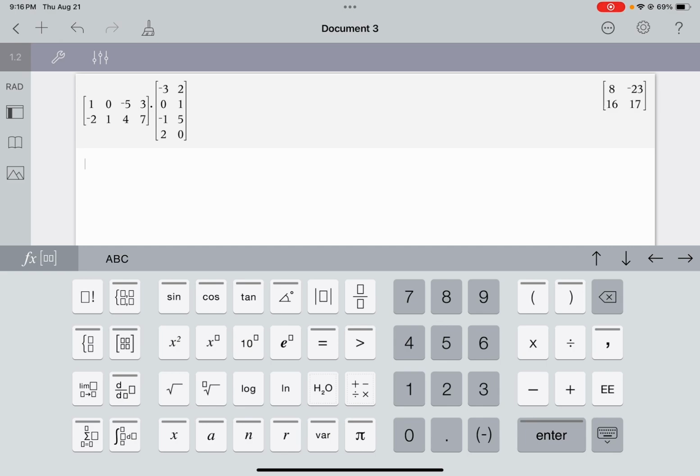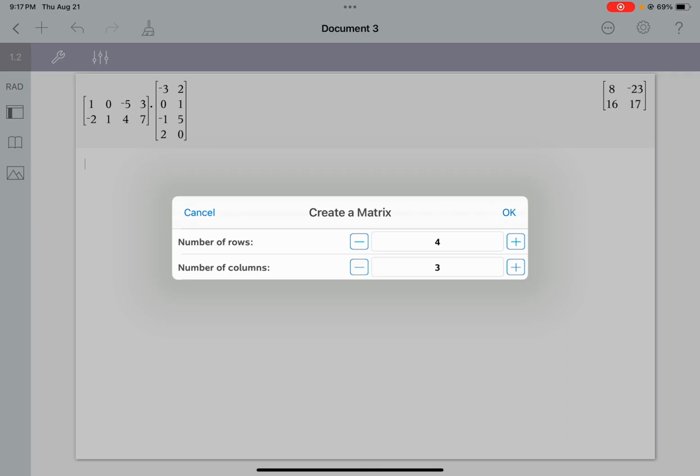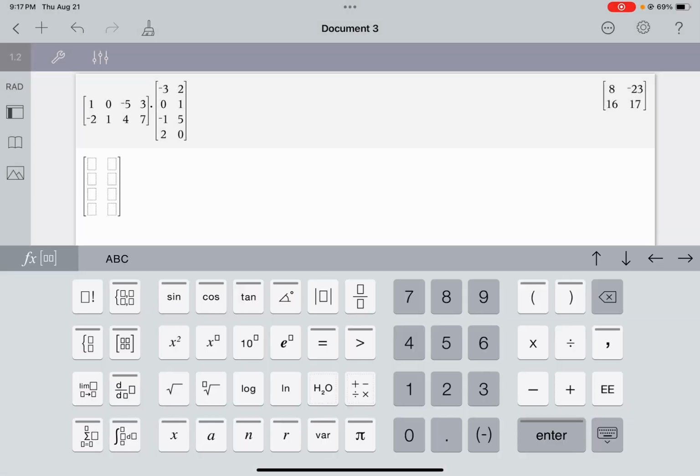be different. So what that looks like is if I switch the order and I do a 4 by 2 first and type in -3, 0, -1, and 2. And then I type in 2, 1, 5, and 0.